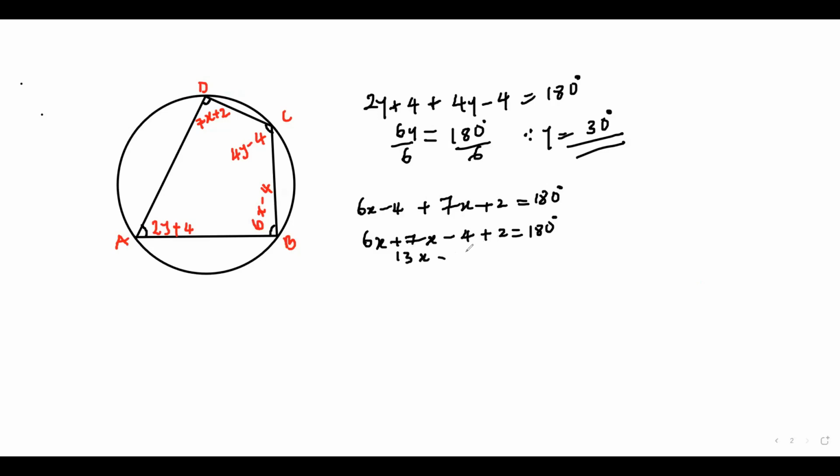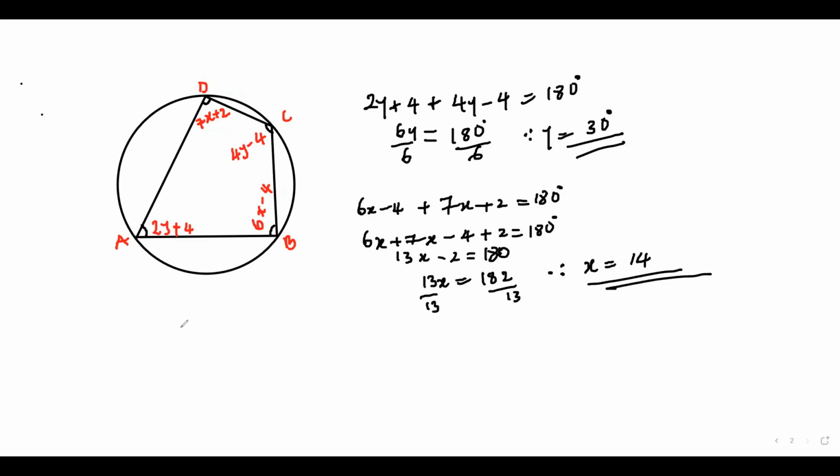Minus 4 plus 2 gives us minus 2. And this is equal to 180 degrees. So 13x equal to, now 2 goes to the other side, becomes plus. If you add that to 180, it becomes 182. Now let's divide both sides by 13 to get the value of x. So x is equal to 14 as the answer. Nice.